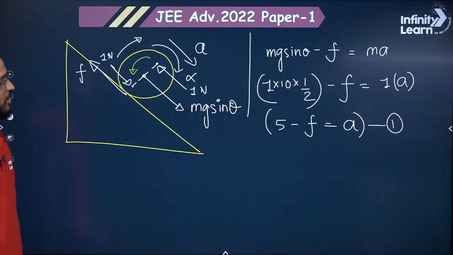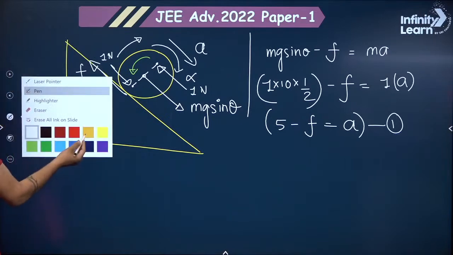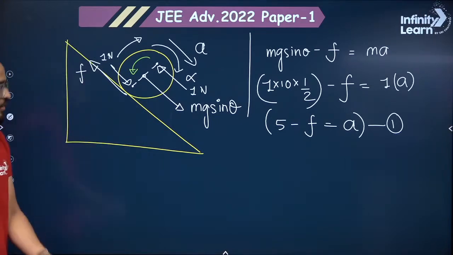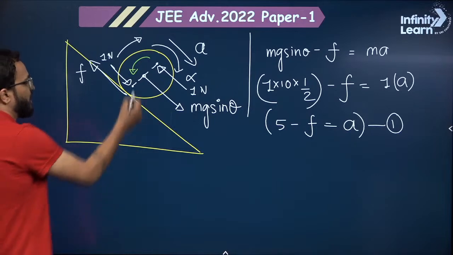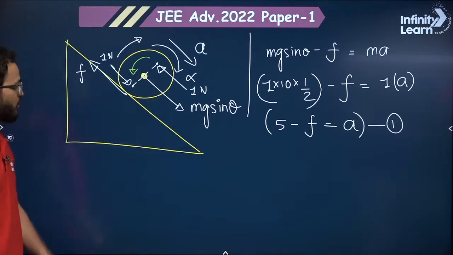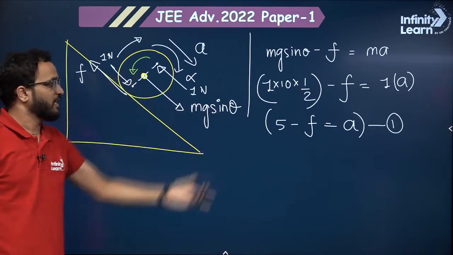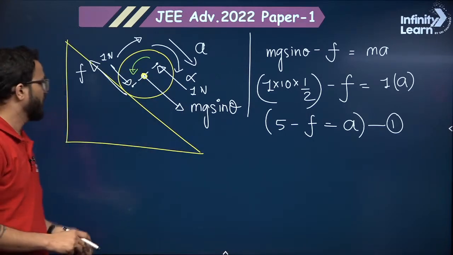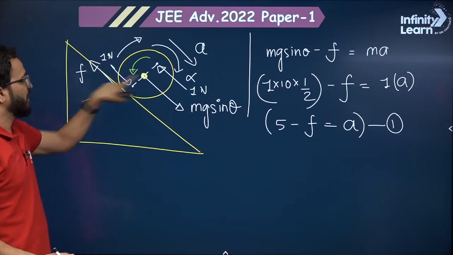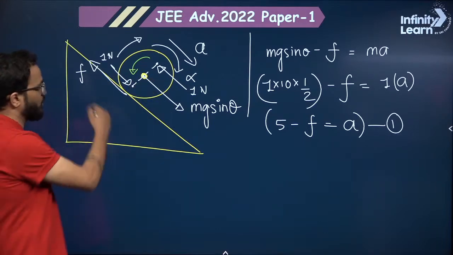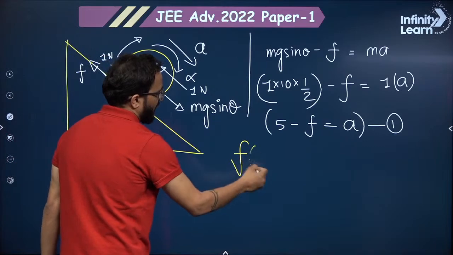Okay. Now let's talk about the torque equation. So if we have a look at the torque equation, let's take this as our point. Okay. So obviously if this is our axis of rotation, then the torque of mg sin theta and mg cos theta will become 0, obviously. So the torque of friction and these two couple forces will be counted. So what is the torque of friction? F into distance is how much?